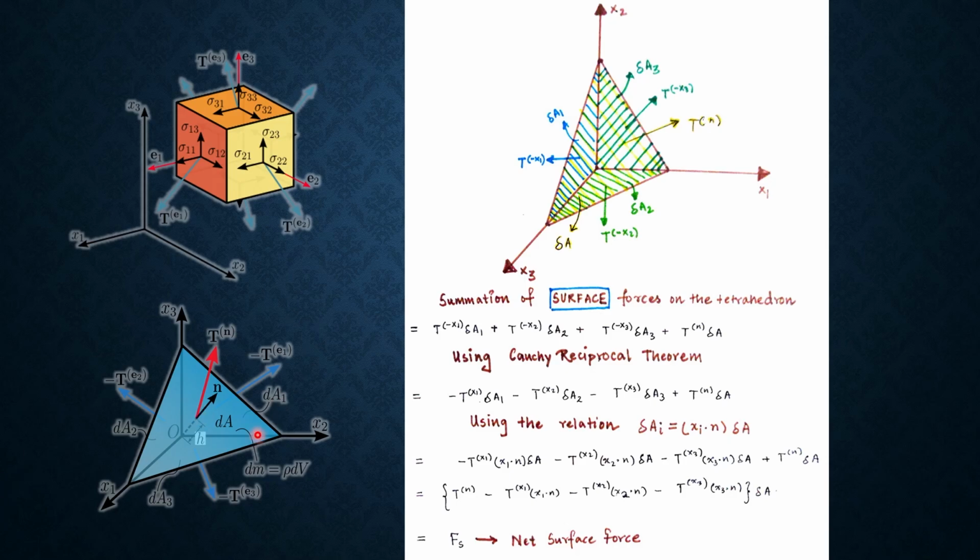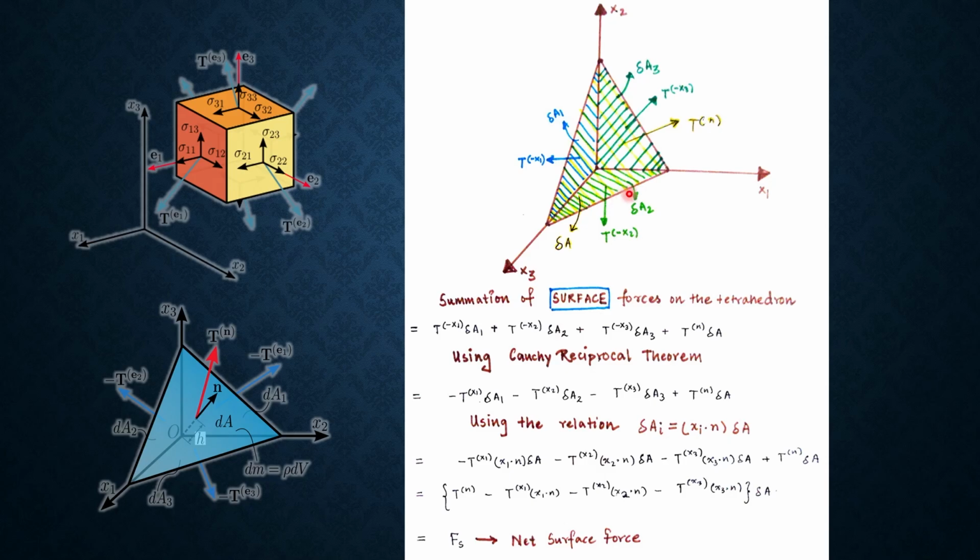Now taking this tetrahedral shape into consideration, we'll carry on our analysis. So the tetrahedron I have drawn here has four faces like any other tetrahedron. This face that I'm marking with the laser has an area delta A1. It has been shaded blue also.